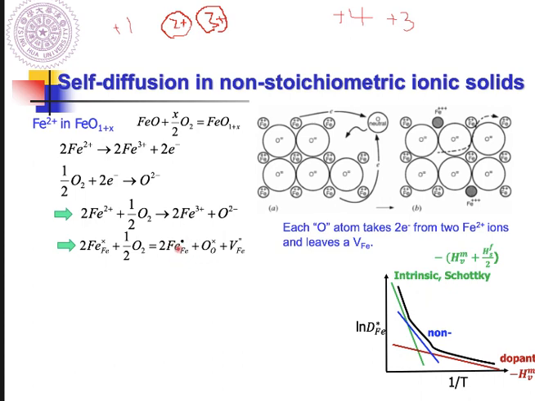Because the vacancy at the iron side has two negative charge, and this has a three positive charge, 3 minus 2, so you have one positive charge here. And oxygen will occupy the vacancy at the oxygen side, so O at O with neutral charge, and you will generate the vacancy at the iron side with two negative charge to reach neutrality.